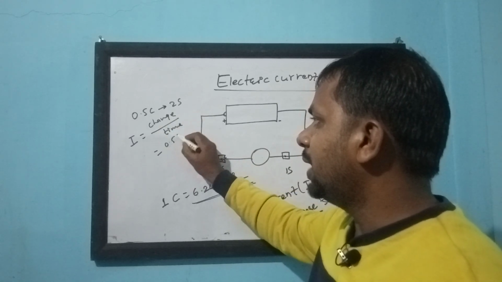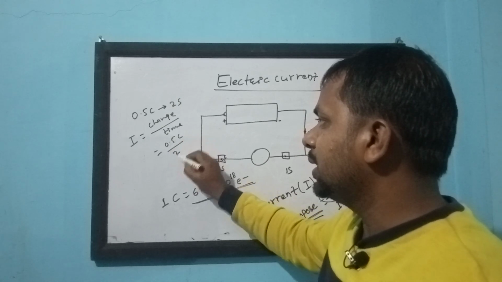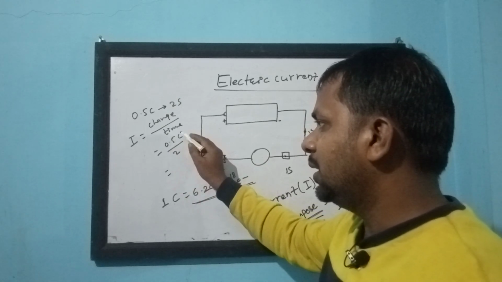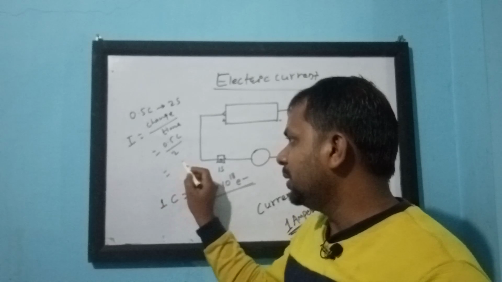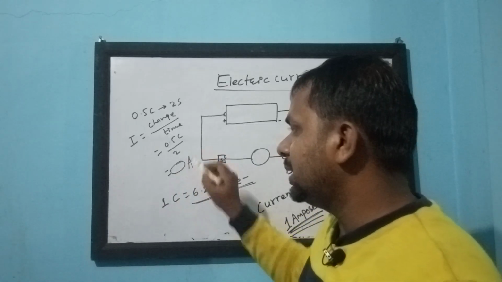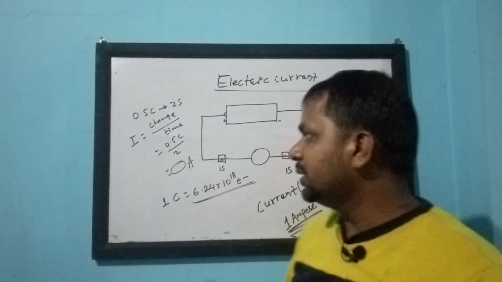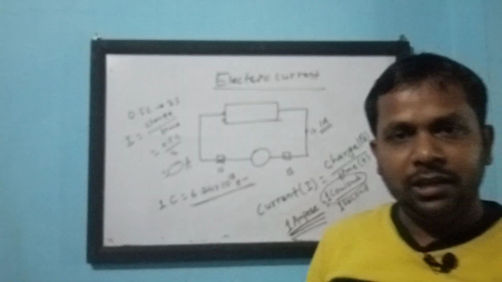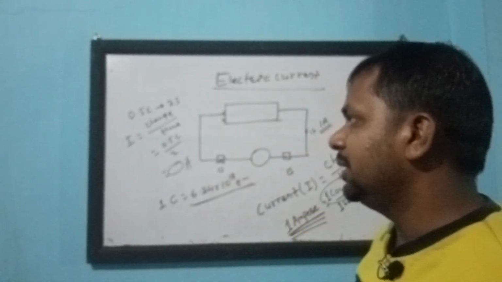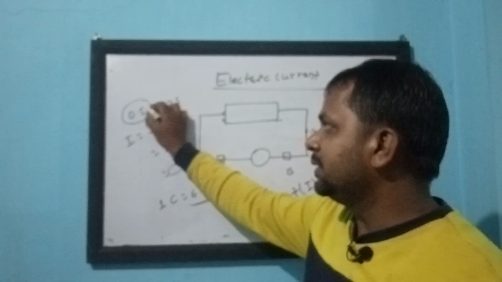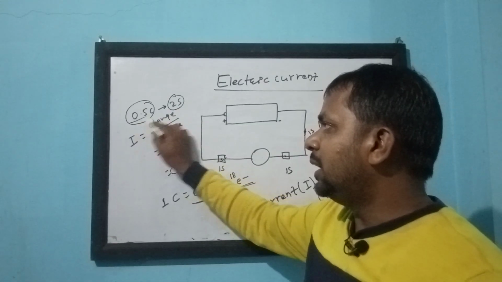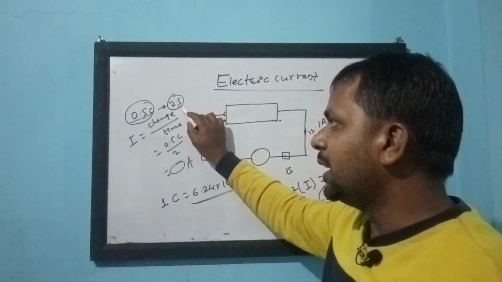It means 0.5 coulomb charge divided by 2 seconds. Calculate it, whatever value comes, that is the value of current. I hope you are understanding. The charge in coulombs is given, time is given, simply divide this charge by this time, and we get the value of current.